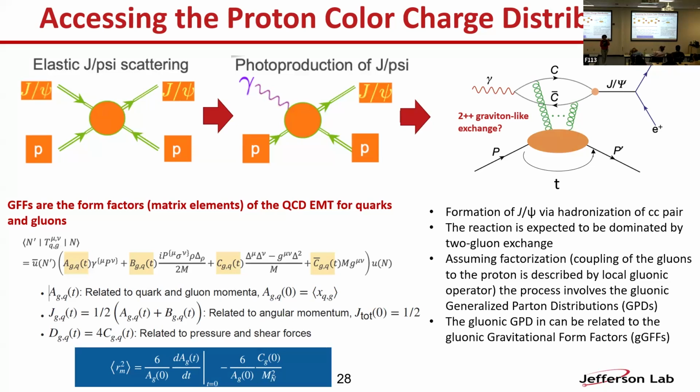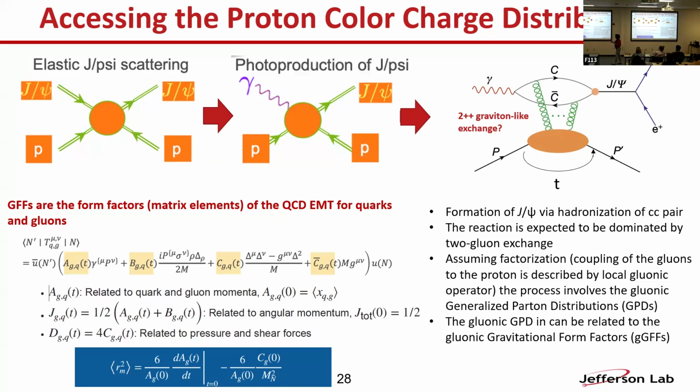For sure, charm and anti-charm are not in the valence quark distribution of the proton. This means that we have to make some assumptions, and we studied the J/psi in photoproduction. It was done in Hall D, because they have a real photon beam, and also in Hall C, creating a Bremsstrahlung real photon beam, not tagged, but Bremsstrahlung.